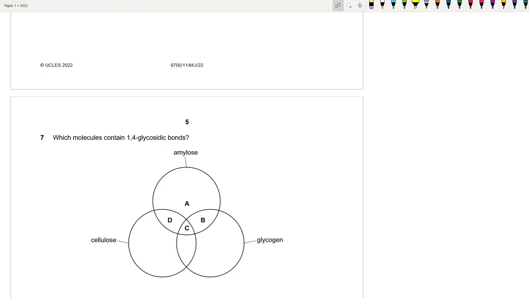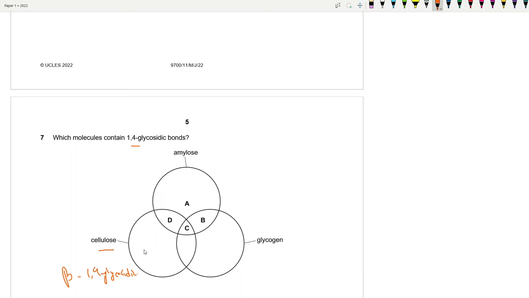Right, so no worries. Basically, which molecule contains 1,4 glycosidic bonds? Oh, the options are here themselves. So 1,4 glycosidic: cellulose actually contains beta 1,4 glycosidic bonds.